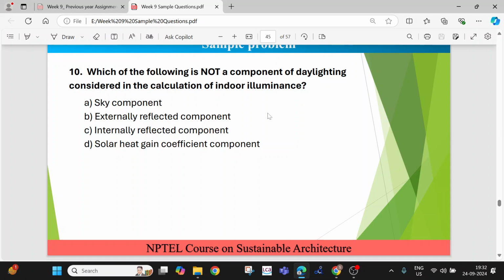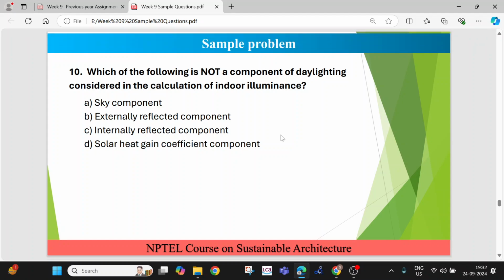Here's question 10. Which of the following is not a component of daylight considered in the calculation of indoor illuminance? Try to answer this question also: whether this is sky component, externally reflected component, internally reflected component, or solar heat gain coefficient.